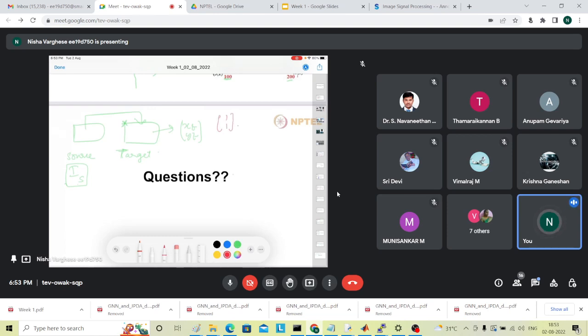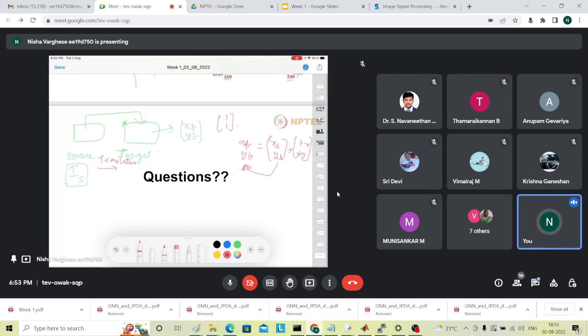Then you know the translation: xt, yt is equal to xs, ys plus tx, ty. So you have to translate from source to target, but here you have to translate from target to source.